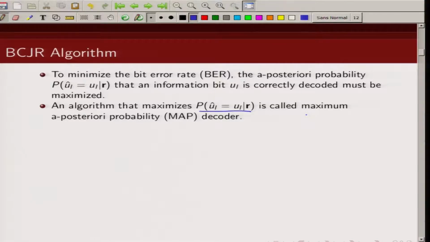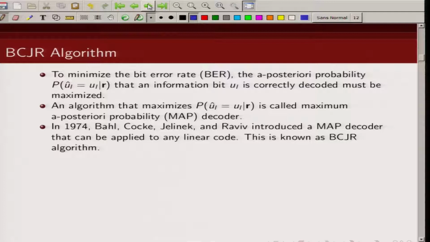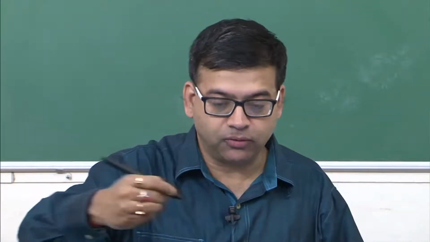This is also known as BCJR algorithm, named after the researchers Bahl, Cocke, Jelinek and Raviv, who introduced this algorithm in 1974. And this algorithm can be applied to any linear code, block code or convolutional code.